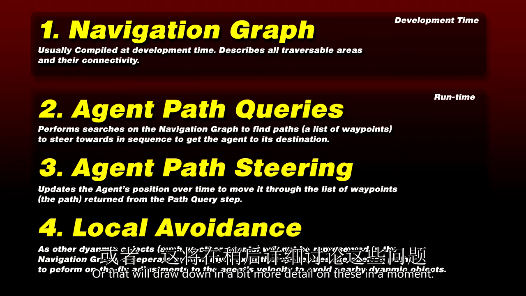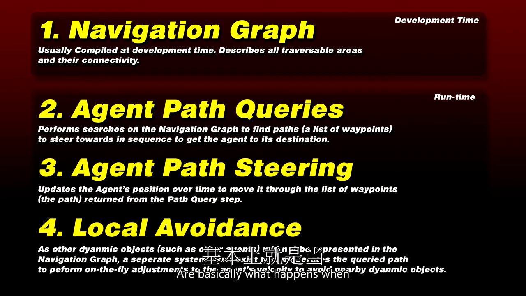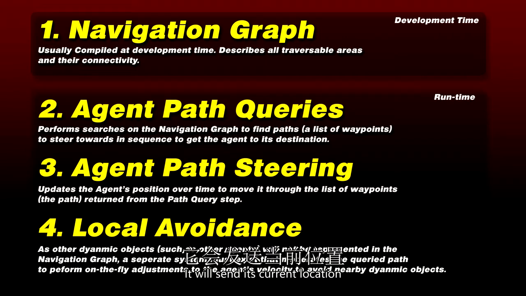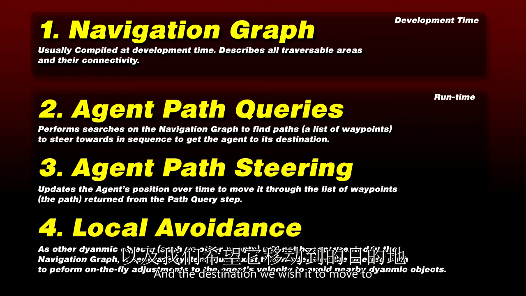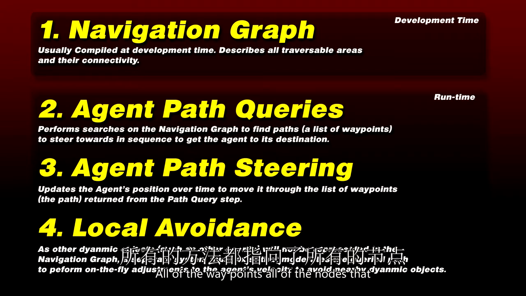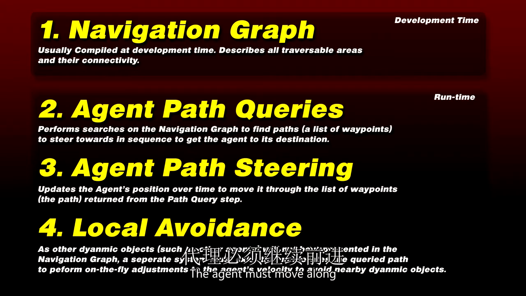Although we'll drill down in a bit more detail on these in a moment, path queries are basically what happens when we tell the agent to move to a new destination. It will send its current location and the destination we wish it to move to into the navigation graph and perform a search on that graph to collect all of the waypoints, all of the nodes that the agent must move along to reach its destination.